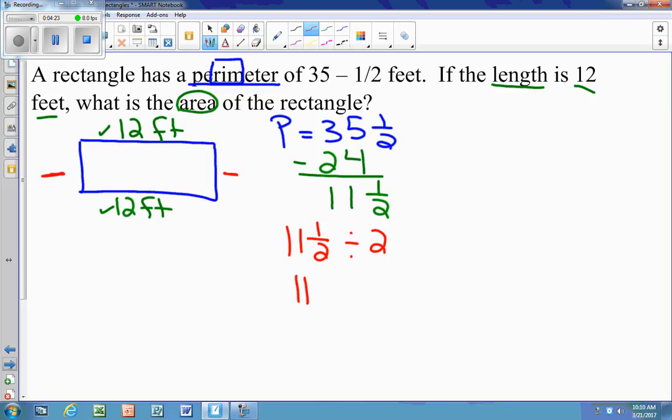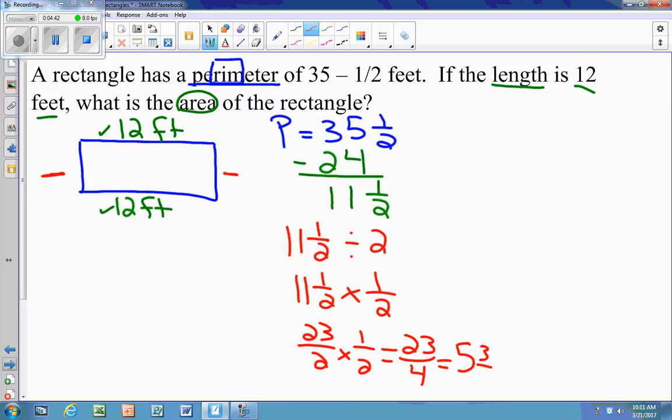So it's keep, change, flip, just like our last module. And then we need to make sure that we turn this into an improper fraction so we can multiply. And we end up with 23/4, which is 5 3/4. So we now know that this is 5 3/4 feet, and this is 5 3/4 feet.